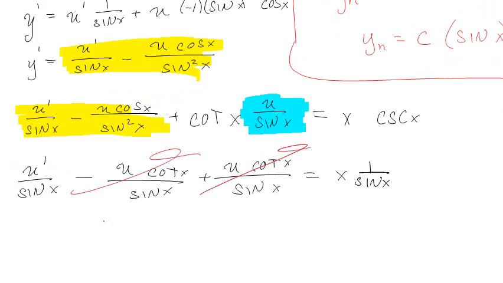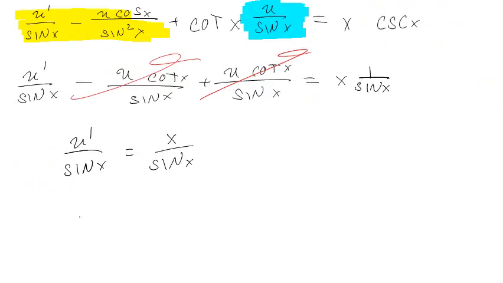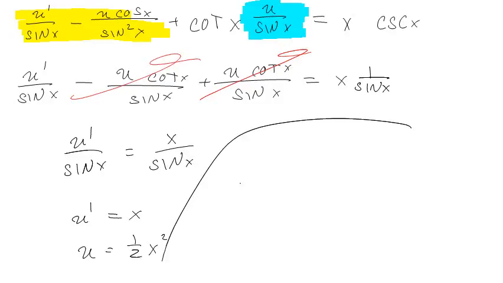These two go away. I've got u prime over sine of x is equal to x over sine of x. The sine of x clearly goes away. So I've got u prime of x is equal to x, you know what I mean. So if I integrate both sides, I get 1/2 x squared. All right, now my original guess, remember, was that y was equal to u times 1 over the sine of x.